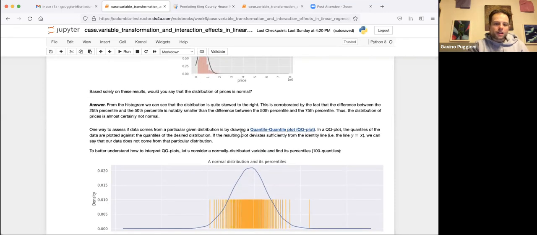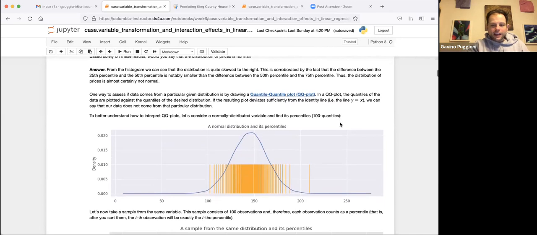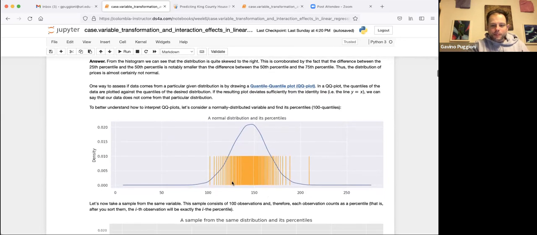Before we try to interpret the QQ plot, consider a normal distribution and its percentiles. So this would be the first percentile, the second, etc. Here we have a sample of the first 100 observations, and therefore each observation counts as a percentile.